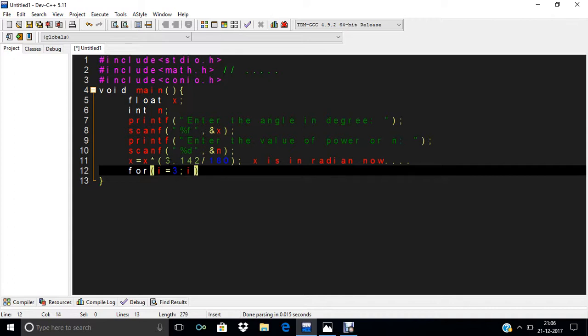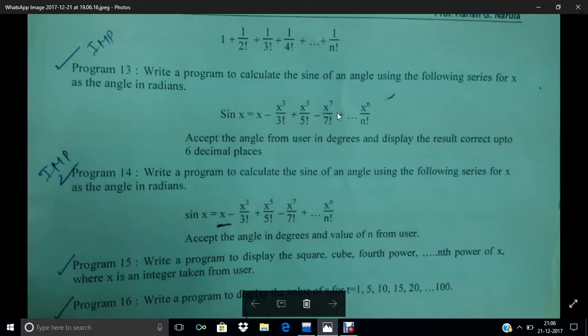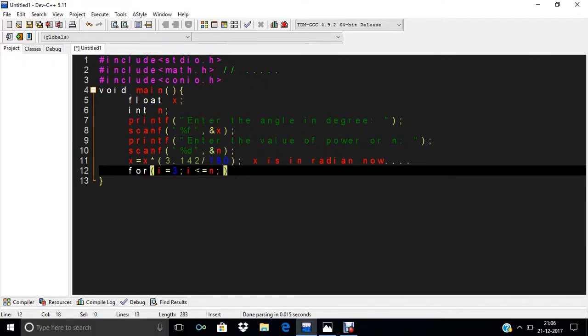The condition should be i less than or equal to n, because look at the question, the power goes 3, 5, 7, so it should be till n. That's why the condition is i less than or equal to n, and since it's an odd power, i plus equals 2. In the first iteration the value of i would be 3, in the second iteration it will be 5, 7, 9, and so on.